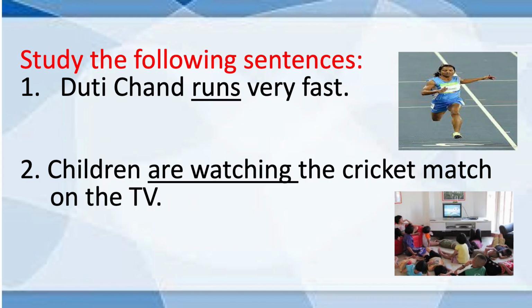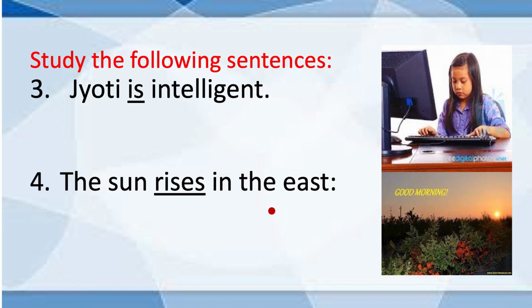So, you see, study the following sentences. Dutee Chand runs very fast, you see runs. Children are watching the cricket match on the TV, are watching. So, runs, are watching, these are verbs, right. And Jyoti is intelligent, the sun rises in the east, right. So, rises, is, like this, these are verbs.